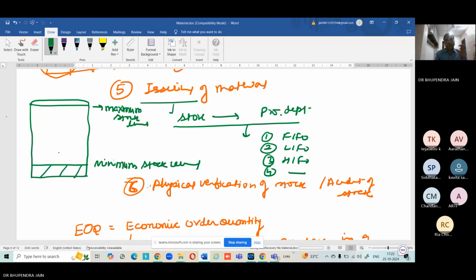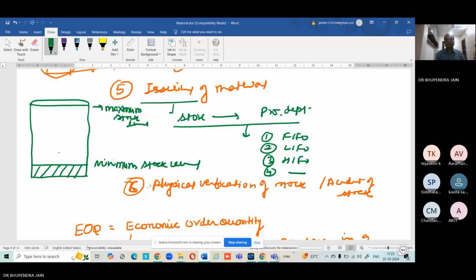This quantity in the store must always be kept. Take the example of your home: any container, for example the sugar container, cannot be blank. If you don't have sugar on any day, then definitely you cannot prepare the tea.